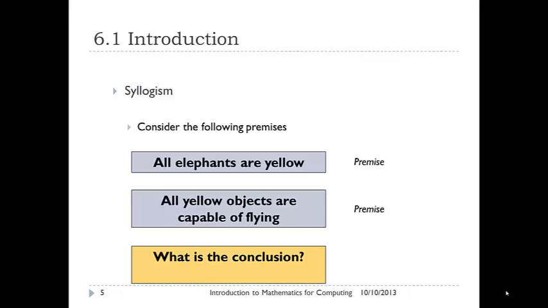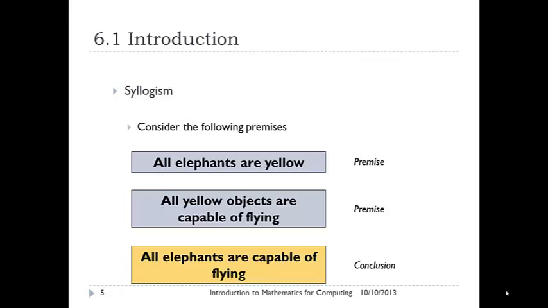I am also assuming that all yellow objects are capable of flying. Take these as given. The fact that they are given then, what conclusion can we reach? Well, in this case, we can apply the same sort of reasoning as in the previous example to come up with a conclusion. The conclusion in this case would be that all elephants are capable of flying.